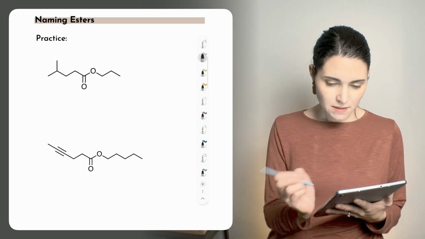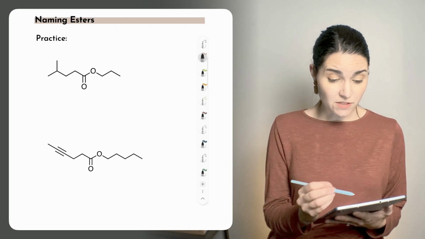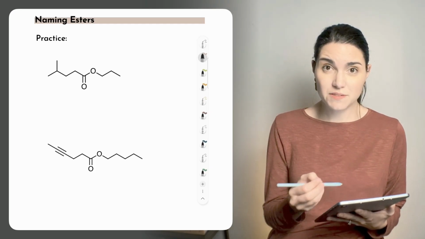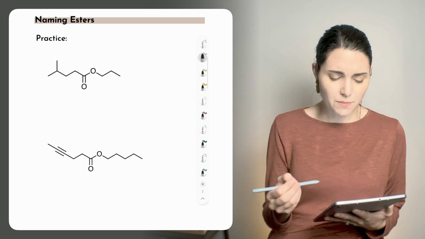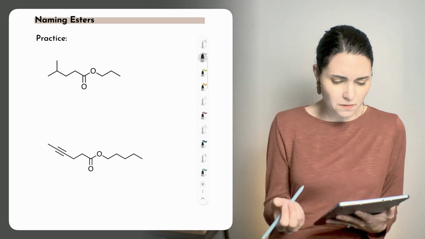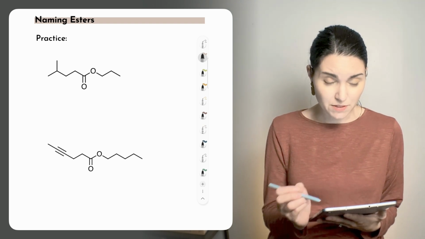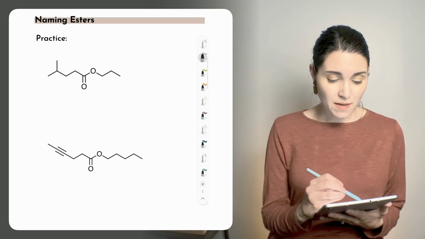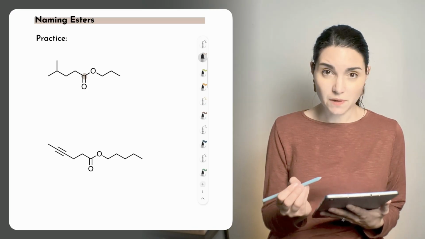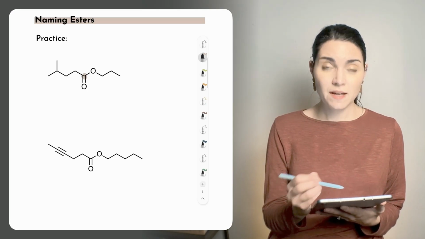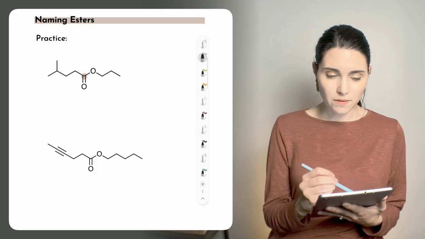So a bit of practice with esters would probably do us good to understand all those rules. So here is an ester molecule. And as you can see, upon first glance, you might hesitate and say, oh, which side do I choose for the parent structure? And so my tip is to just highlight that carbonyl carbon right away, the C double bond O carbon. That's going to be part of your parent structure.